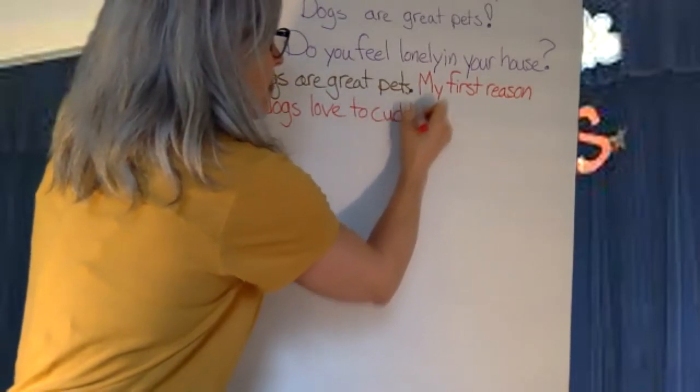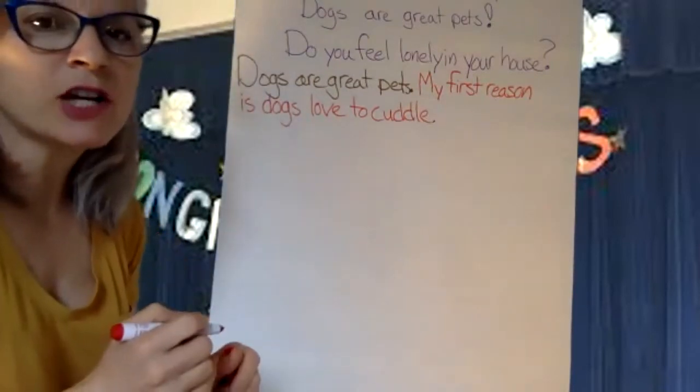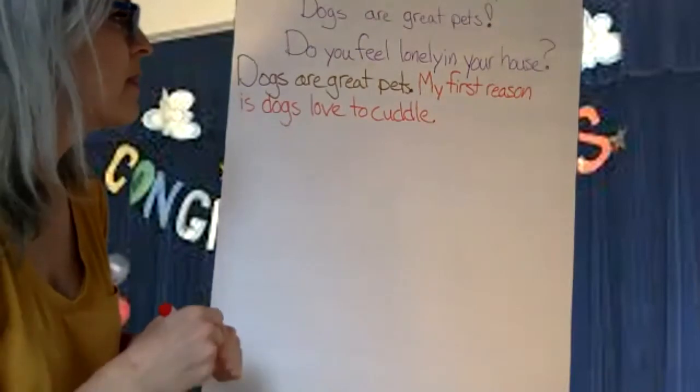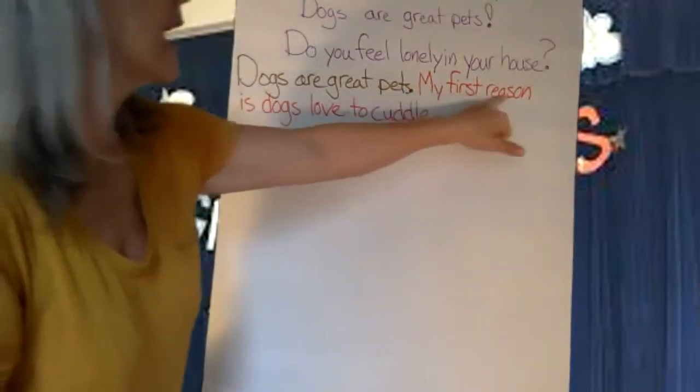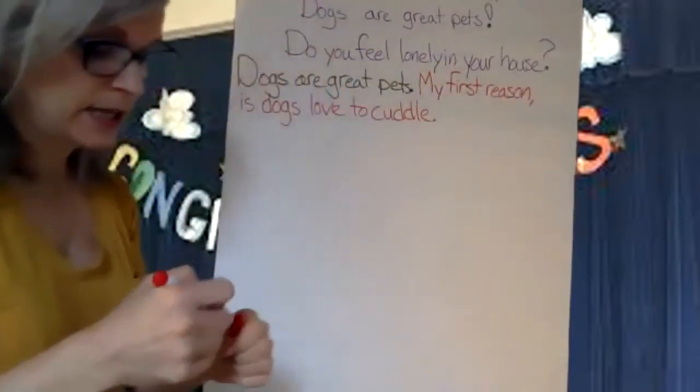Okay, we're going to explain it later. This is the introduction. In the introduction, we just list it, and we list it with transitional language, like my first reason, comma, dogs love to cuddle.